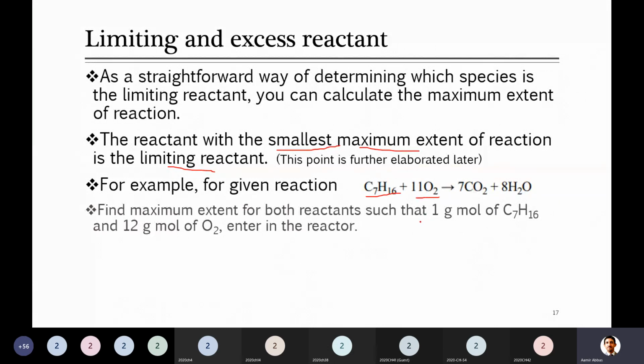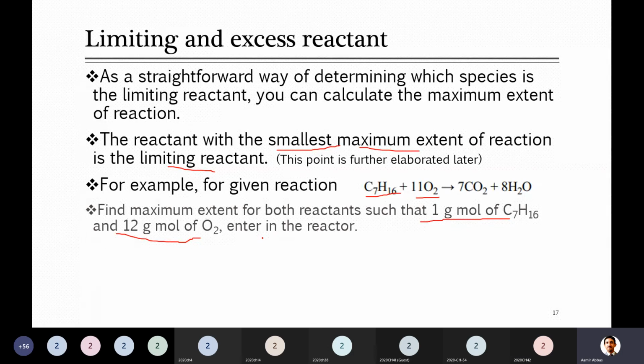You are given that 1 gram mole of C7H16 reacts with 12 gram mole of O2. Before the calculation, from your previous knowledge, can you tell me which one is limiting? Heptane. Heptane is limiting. Yes, you are right.